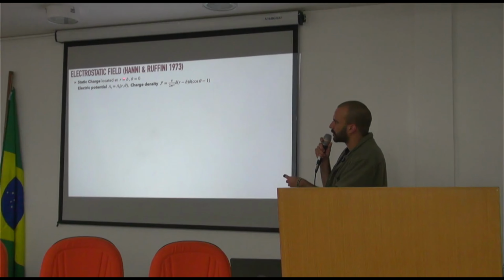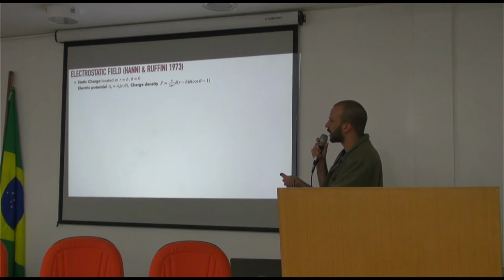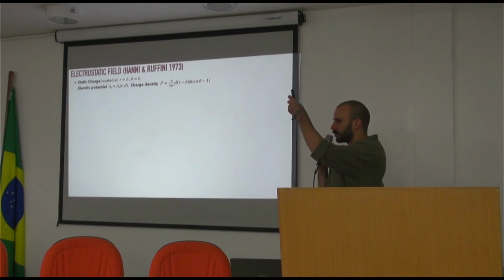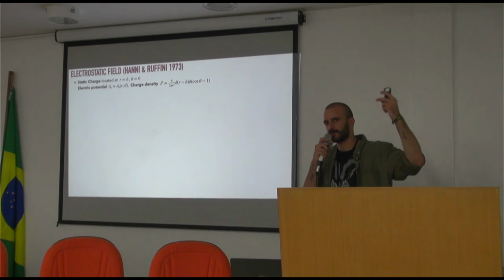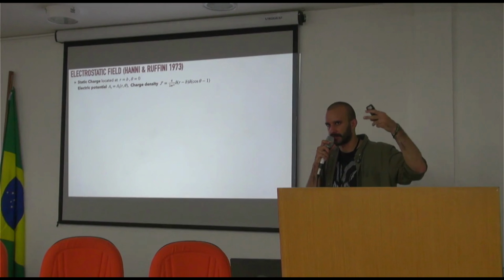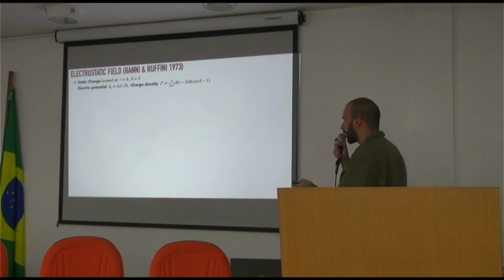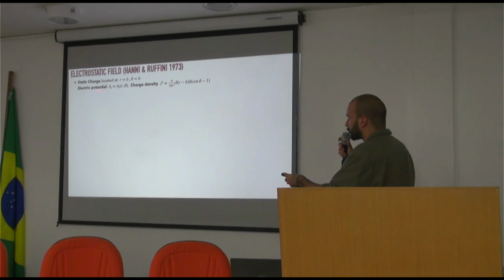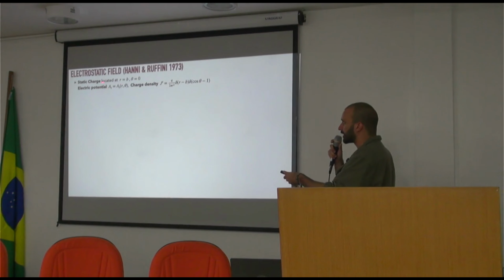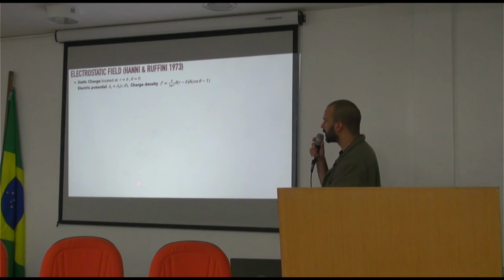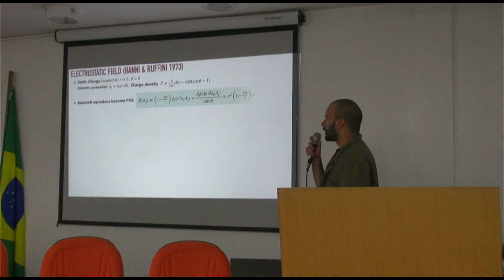We have a static charge placed at some point around the black hole. In this case, I put it on the vertical axis, but you know, Schwarzschild has a spherical symmetry, so it doesn't really matter. We have to turn on an electric potential, so a T component for the gauge field, and the charge density will look this way. So even in this case, we have a differential operator.